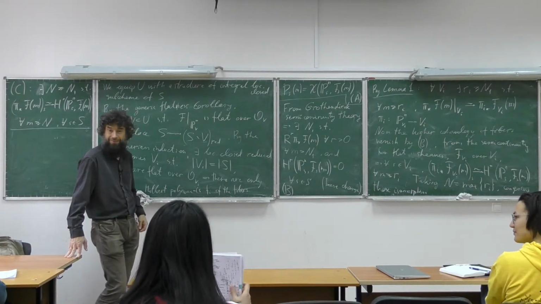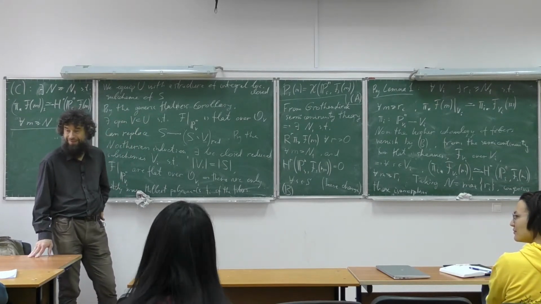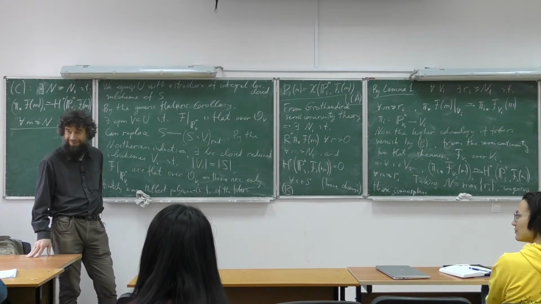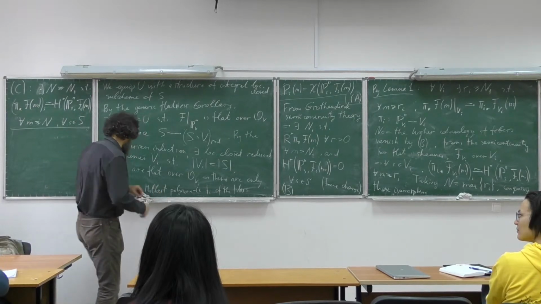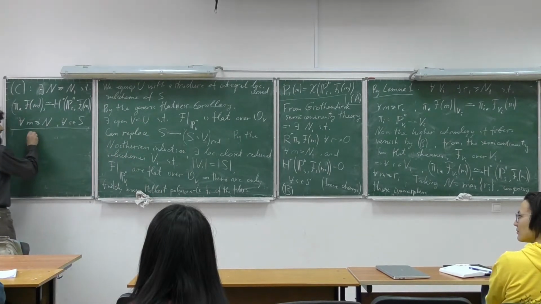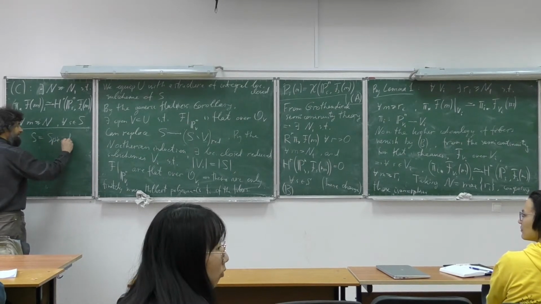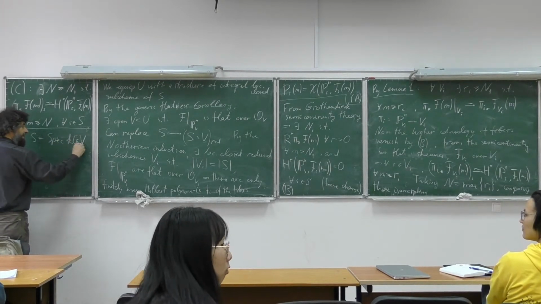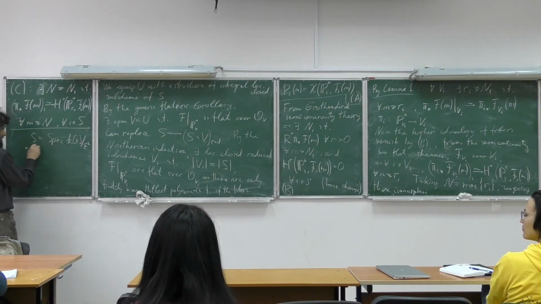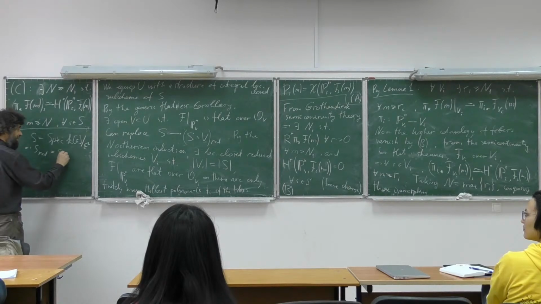For example, if S is the spectrum of the dual numbers, then S reduced is the spectrum of K. I kill the nilpotents.